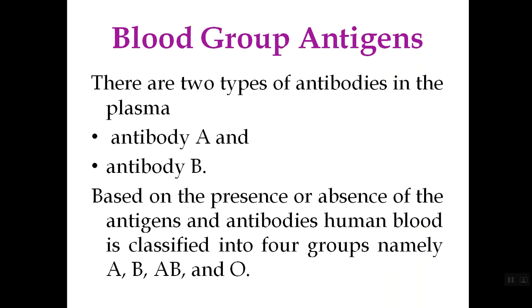Similarly, there are two types of antibodies in the plasma called antibody A and antibody B. Based on the presence or absence of antigens A and B and antibodies, anti-sera A and anti-sera B, human blood is classified into four groups, namely A blood group, B, AB blood group and O blood group.